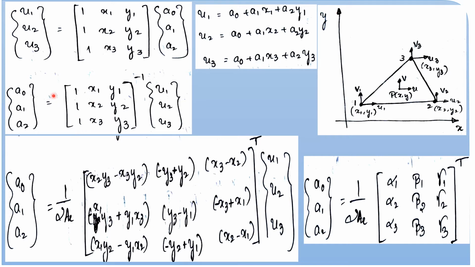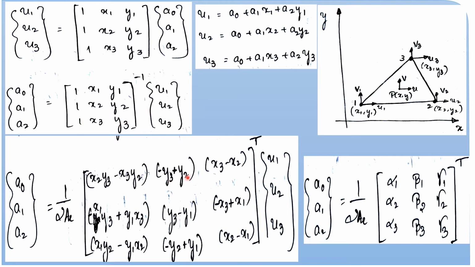So, cofactor of this first term: eliminate this column and this row. This is what is remaining. You have to find the determinant of this. So you can see here x2 y3 minus x3 y2. Next, the cofactor of x1: eliminate the second column and first row, remaining is 1 y2, 1 y3, so y3 minus y2.